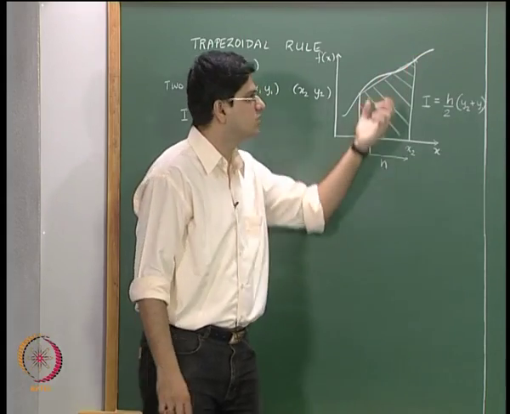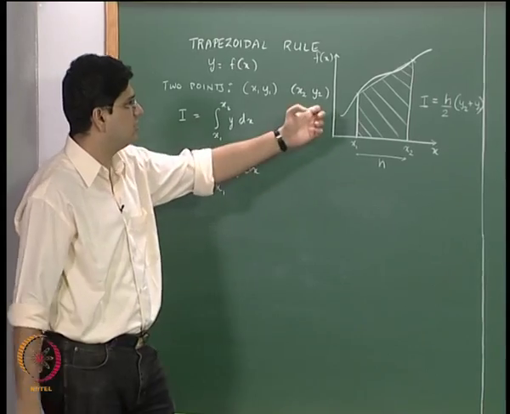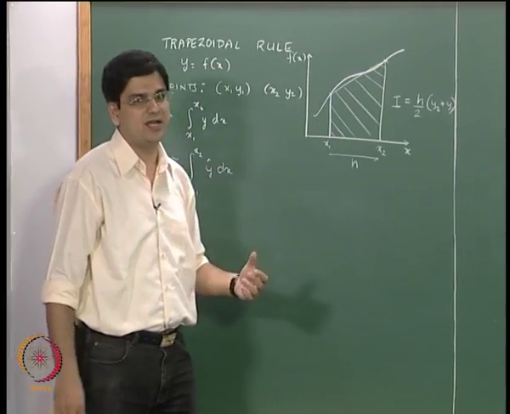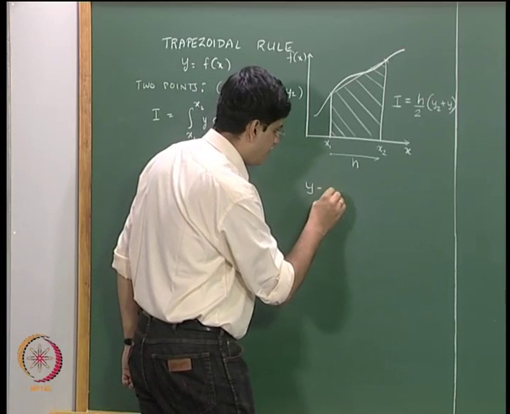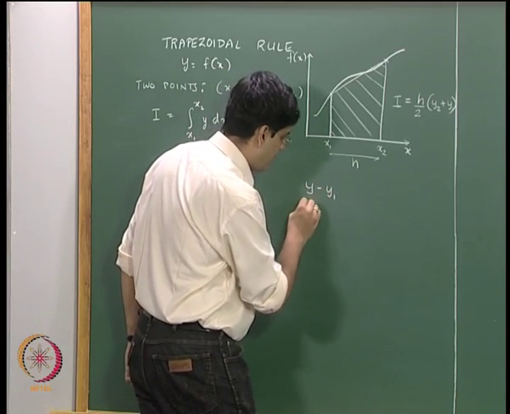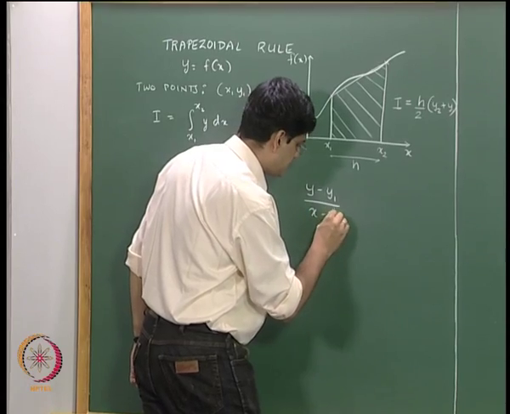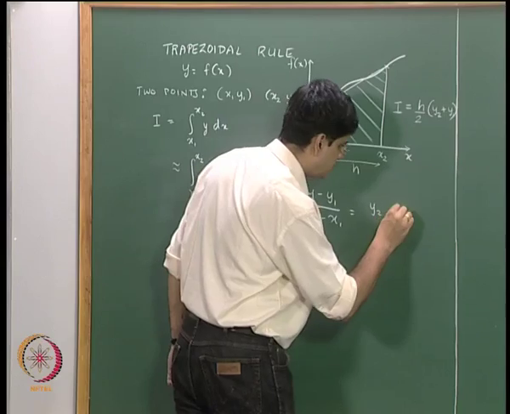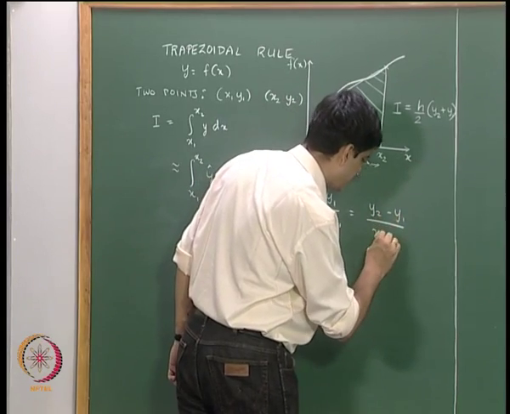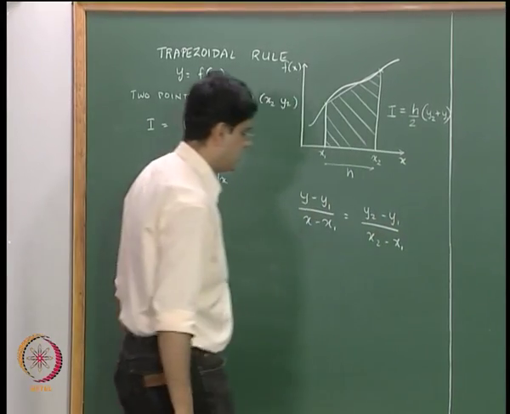Okay. Now the equation for that line is essentially (y minus y1) divided by (x minus x1) equal to (y2 minus y1) divided by (x2 minus x1).